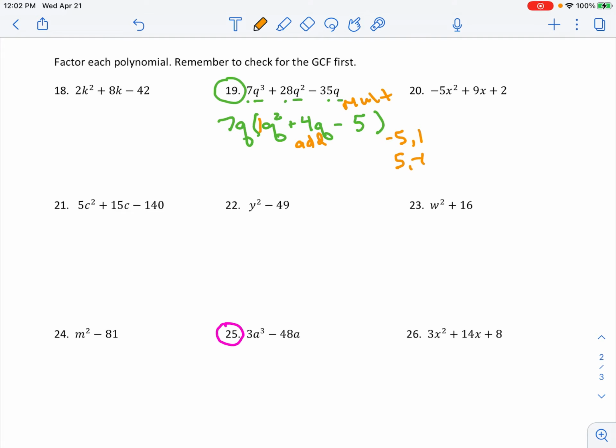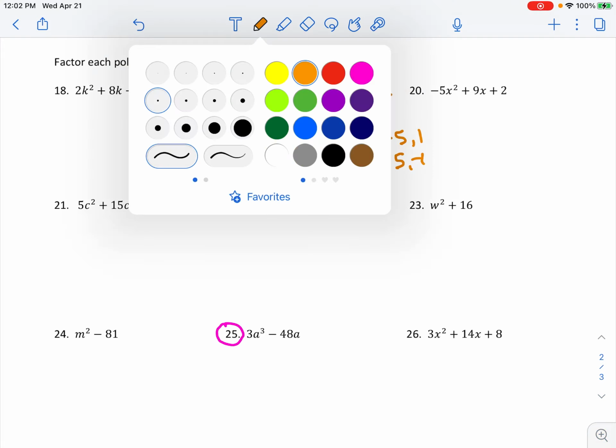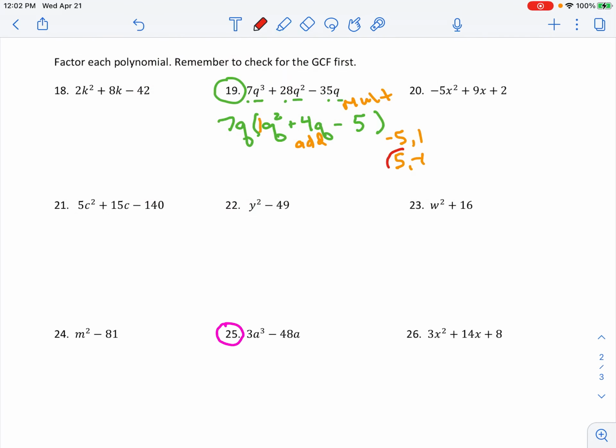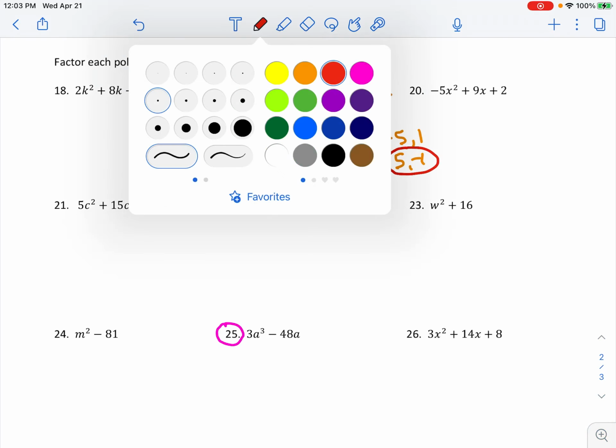So either negative 5 times 1 or 5 times negative 1. Well, this choice right here, when I multiply together, that gives me negative 5, but adds up to positive 4. So that choice doesn't work. But if you look at the first choice we did, those multiplied together equal negative 5 and add up to positive 4. So actually I had it right the first time, I'm sorry.